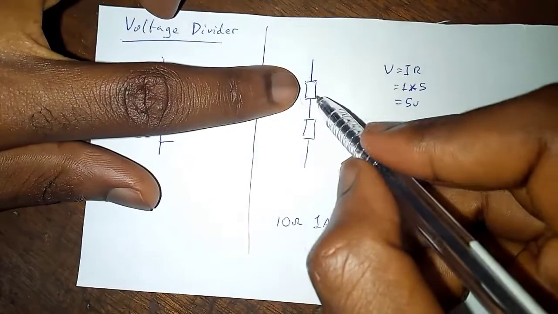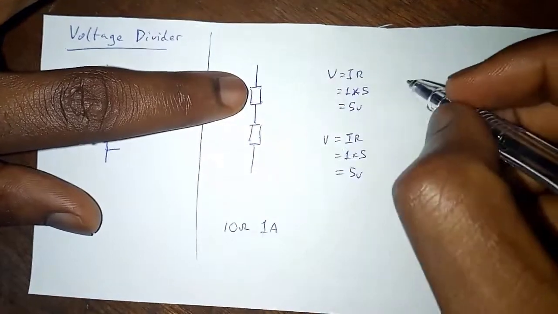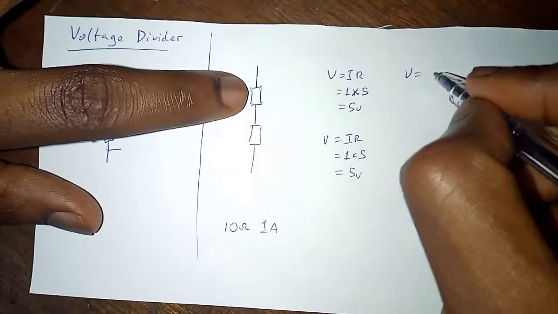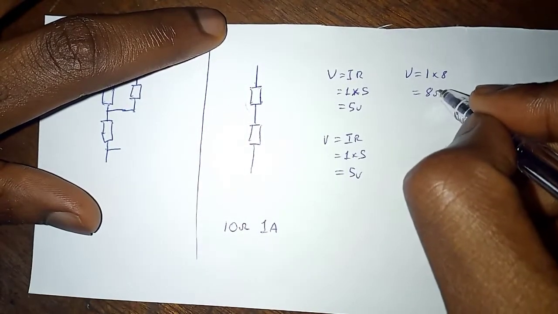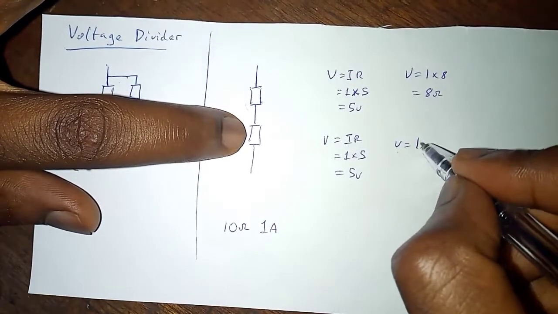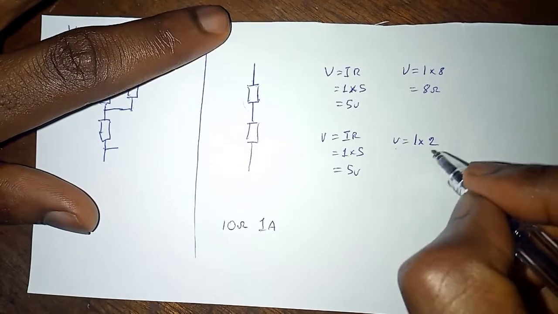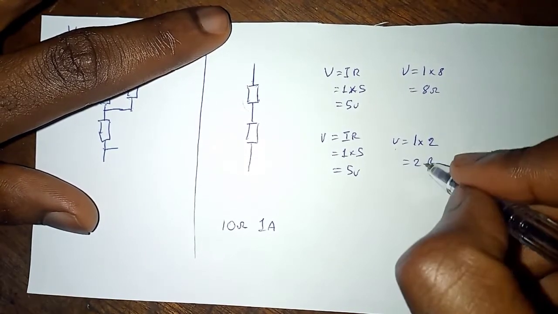Now what if this was 8 and this is 2? So the voltage across here, if this was 8 ohms, is going to be 1 times 8, which is equal to 8 volts. And voltage here would be 1 times 2, which is equal to 2 volts.